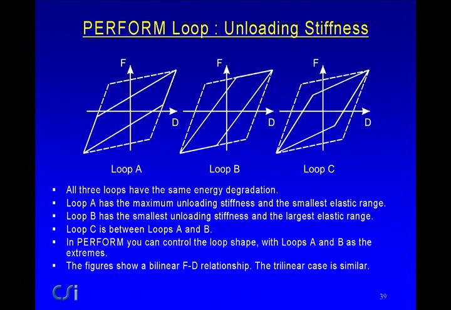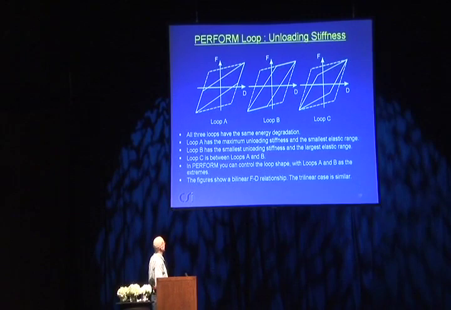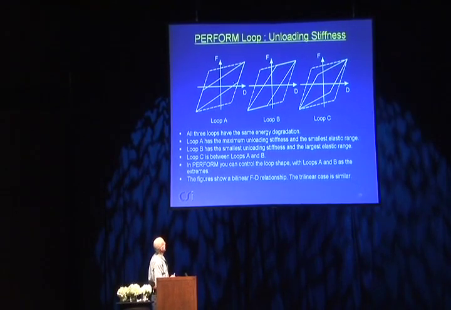Secondly, you can control the unloading stiffness. What we have here is 3 loops, A, B, and C, all with the same amount of energy degradation, about 50%, I think, roughly in this diagram. The dashed is the non-degraded loop, and this is just a bilinear behavior.